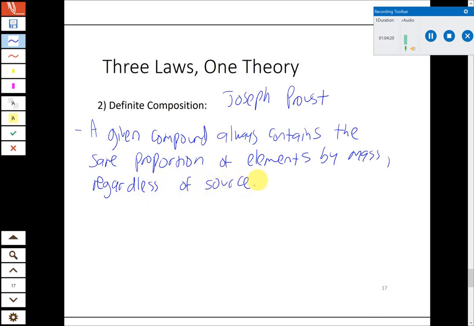That basically means every chemical compound has a fixed ratio of element masses that make up that compound.